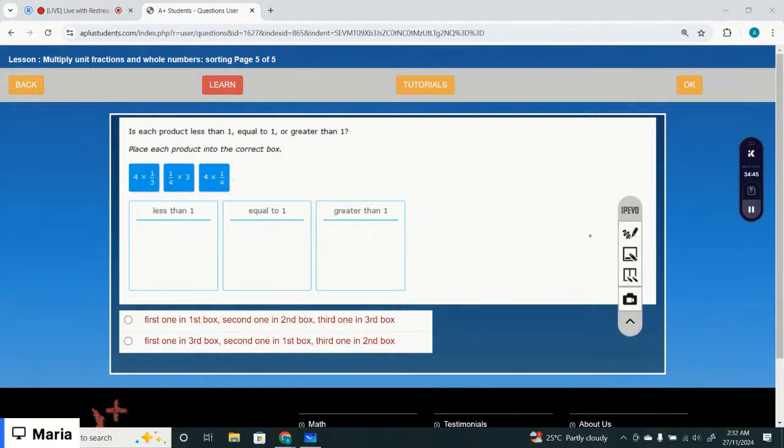Option number 2 is the correct option, and we are done with our lesson. Let's move on to the next lesson.